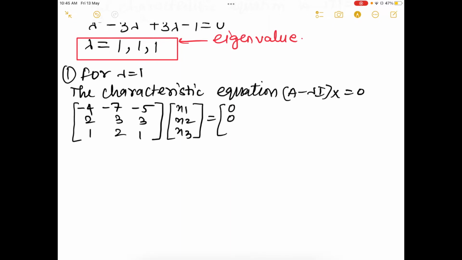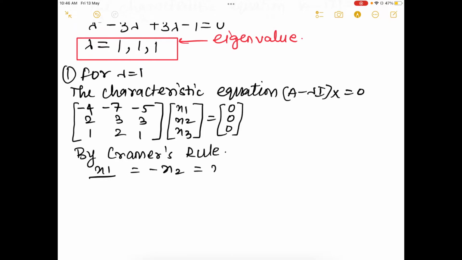We can write it in matrix form like this. Now all of the rows are different, so we can use Cramer's rule. By Cramer's rule we have x1 upon, and this is how I do Cramer's rule, and we are just assuming that all of these are equal to t.